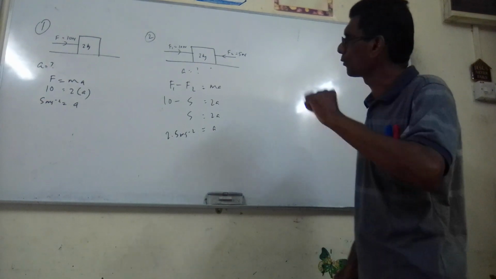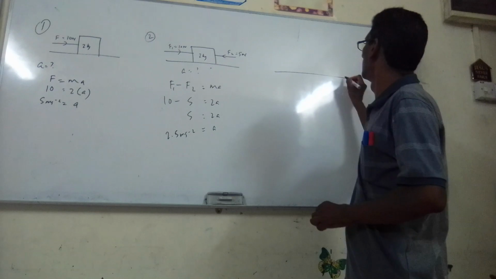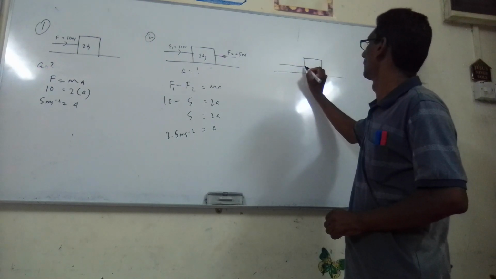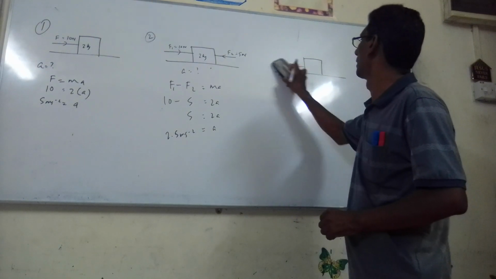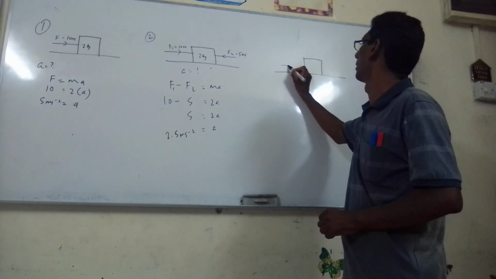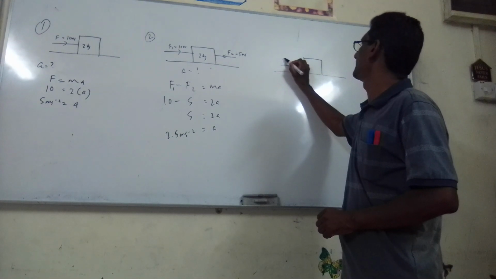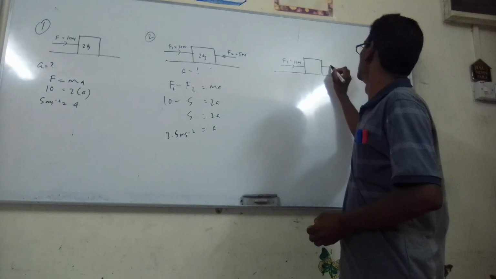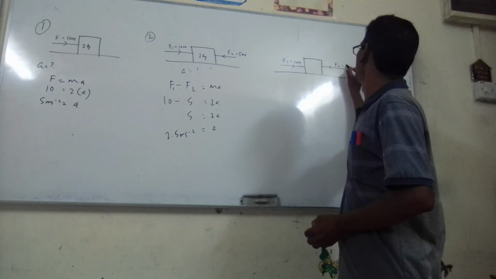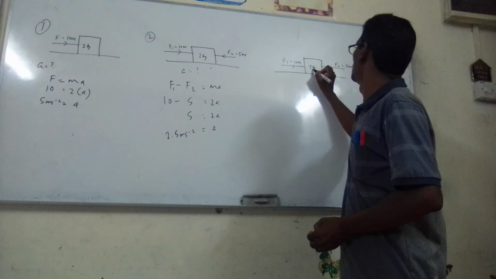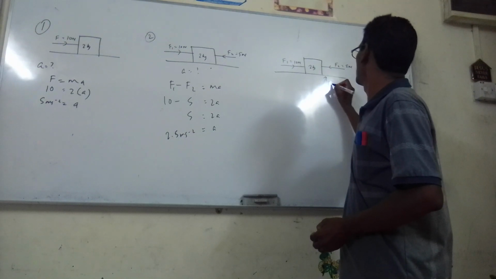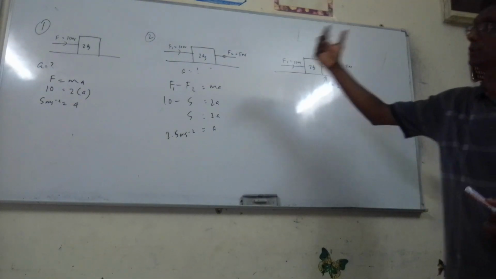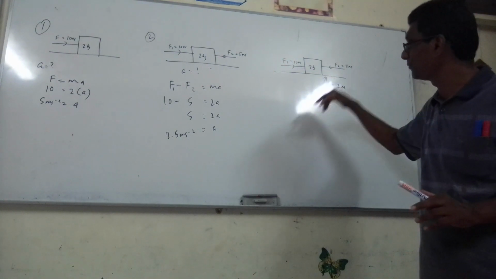Okay, and question number 3. F1 is 10 Newton, F2 is 5 Newton, the mass is 2 kg, and there's a friction of 2 Newton on the ground. So the first two questions had no friction; in question number 3 there's a friction.